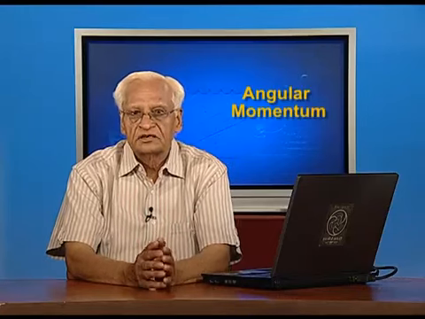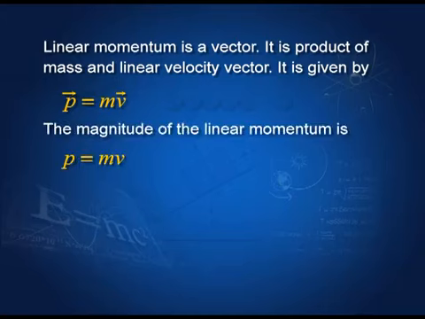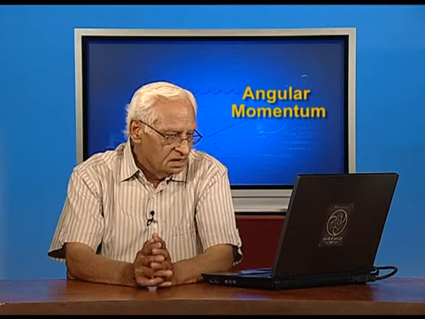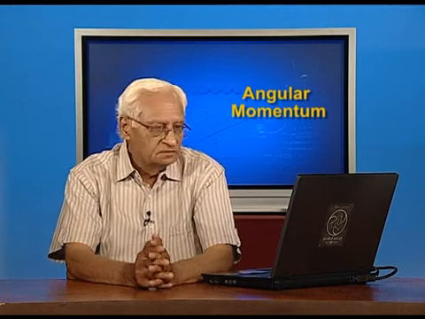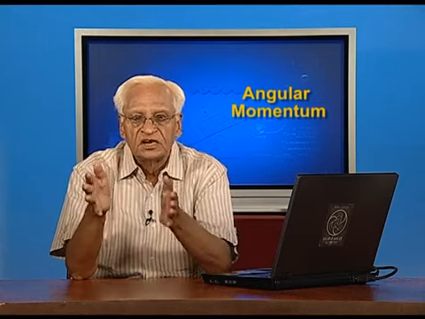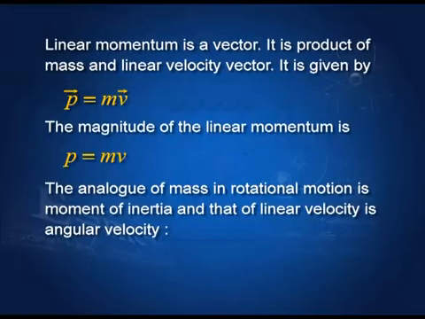Linear momentum is a vector, we all know. It is a product of mass and the linear velocity vector. The magnitude of the linear momentum is simply m v. The analog of mass in rotational motion is moment of inertia. I will discuss the moment of inertia in a moment, but the mass is replaced by moment of inertia when we consider a rotating body, and the velocity is replaced by the angular velocity.